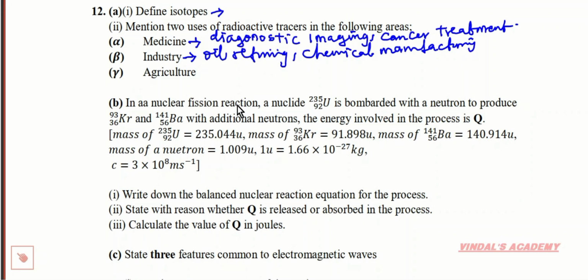All right. In agriculture, it can also be used to study plant and soil processes such as nutrient uptake and movement, as well as investigate pest control methods and soil erosion. So these are what these radioactive tracers can do.